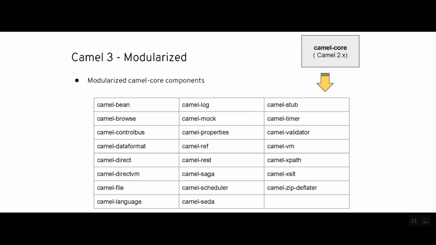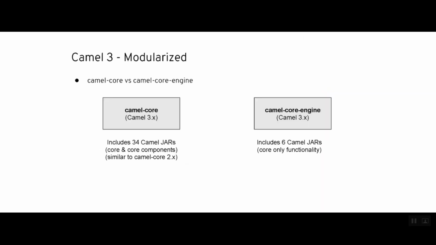In Camel 2, all the components were inside the same jar. We moved all these components out into single Camel core components, and those are part of the 34 modules I was talking about in the last slide. With Camel 3 you have two possible choices.